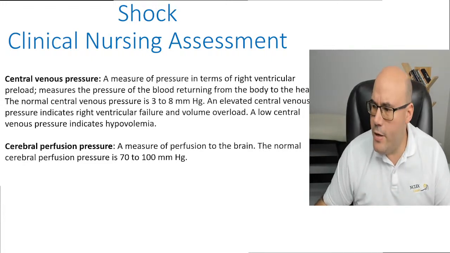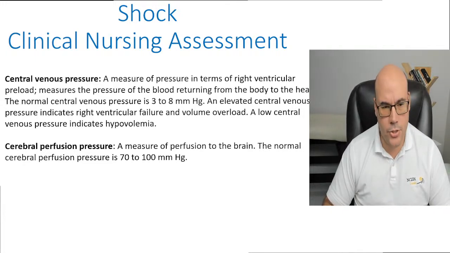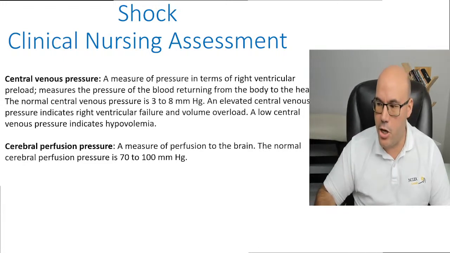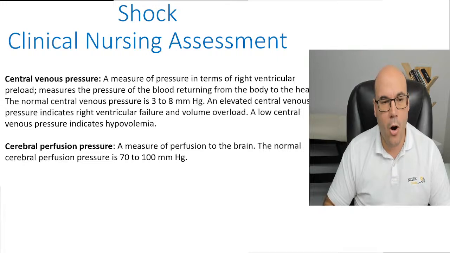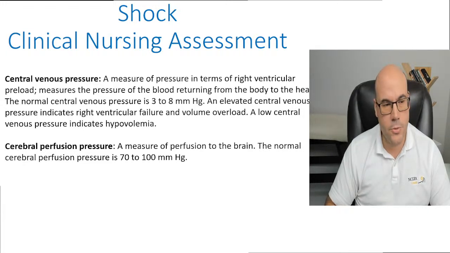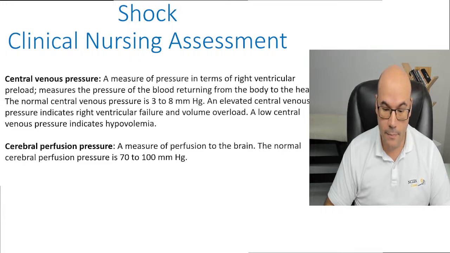So what if we see an elevated central venous pressure? What does that indicate? An elevated central venous pressure indicates right ventricular failure and volume overload. What does a low central venous pressure indicate? Then that indicates hypovolemia.